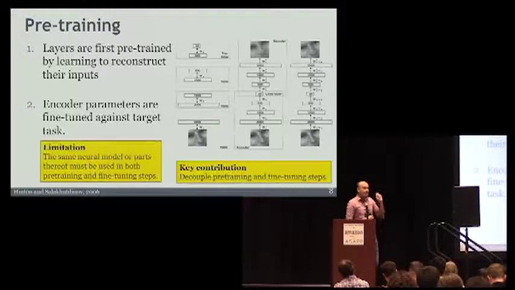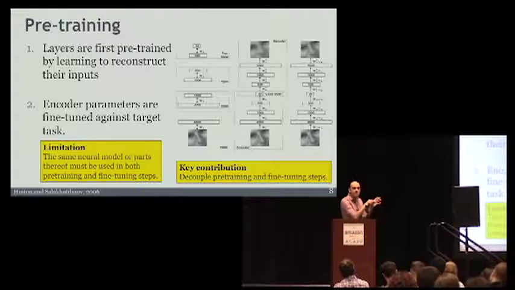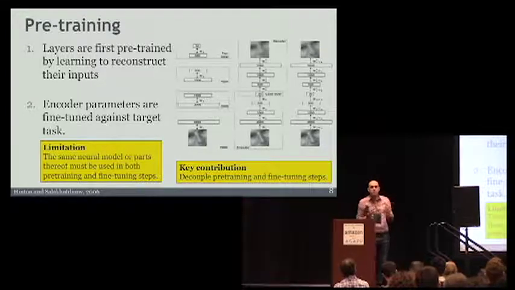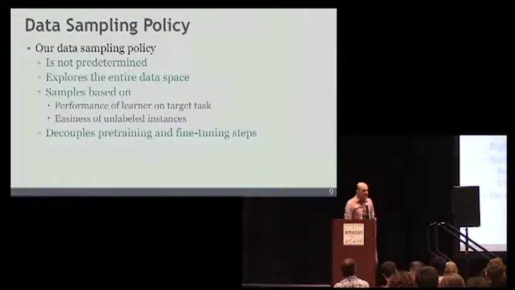One of the limitations of this technique is that for the encoder part, the same neural model should be used in both pre-training and fine-tuning steps. The question of decoupling these two steps is another contribution of this work.